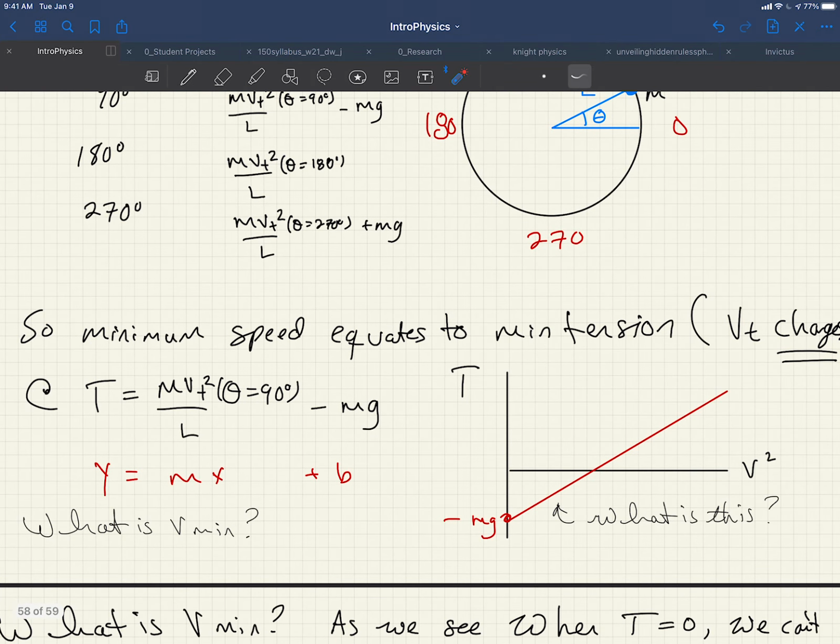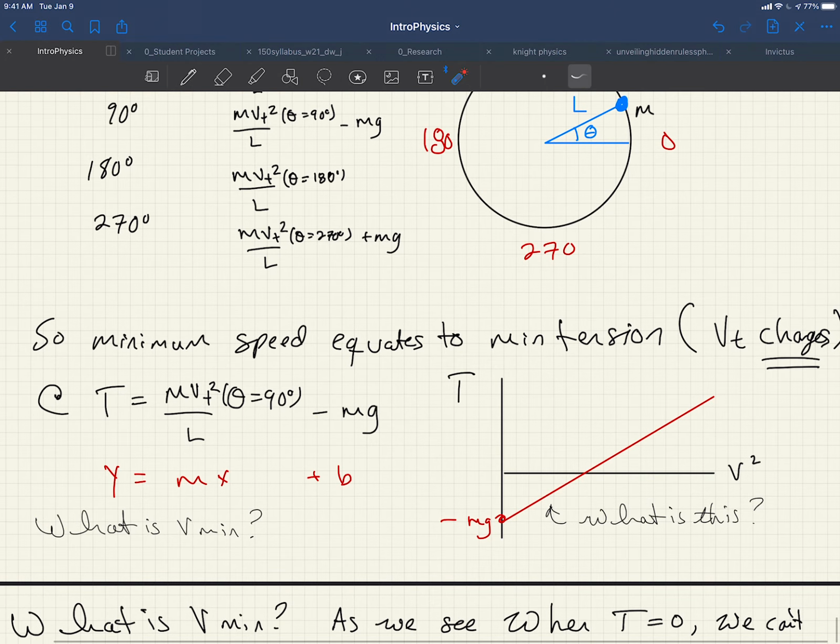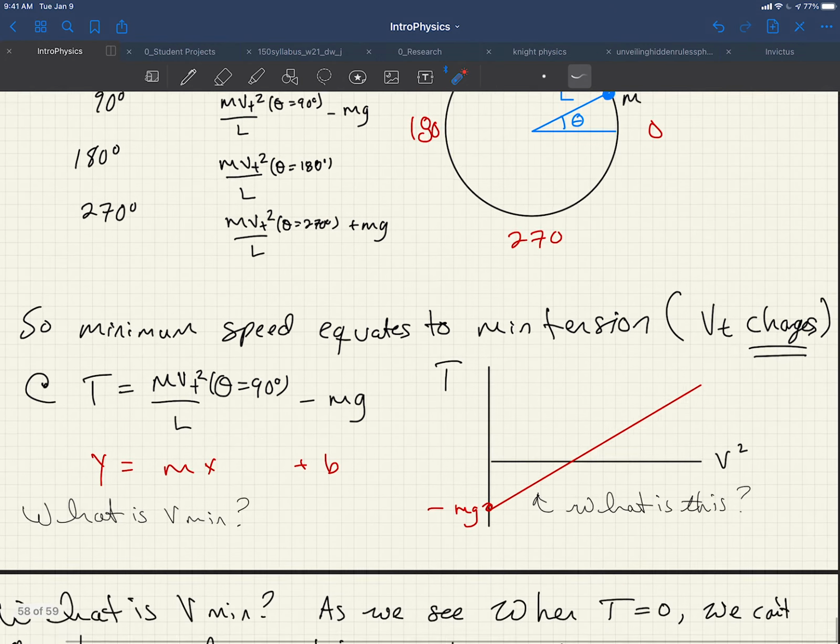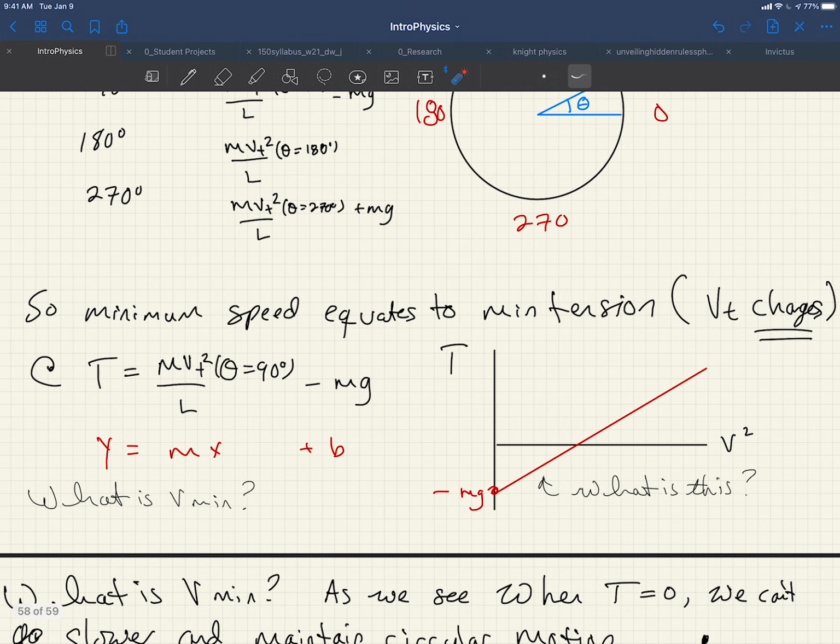So let's make a plot of what our tension looks like at the top, because that's what 90 degrees is, at the top, as a function of velocity. So what do we get? We've got tension equals this quantity here. For simplicity, I'm just going to say v squared now. So it's mv squared over L minus mg.